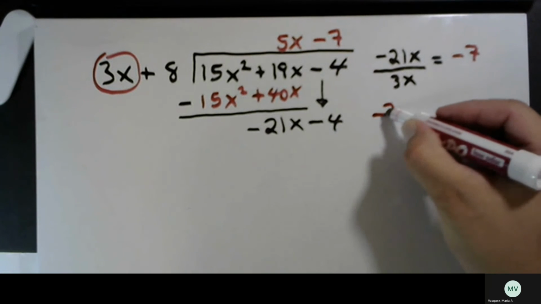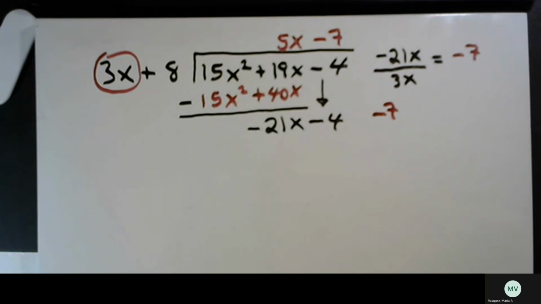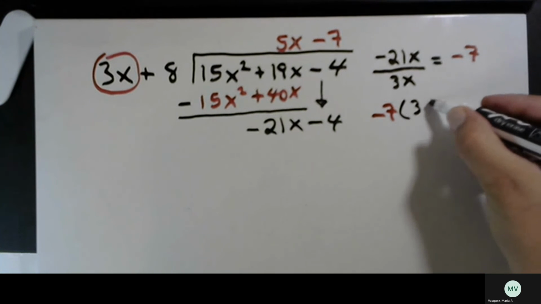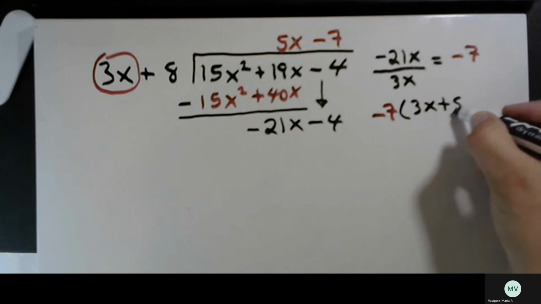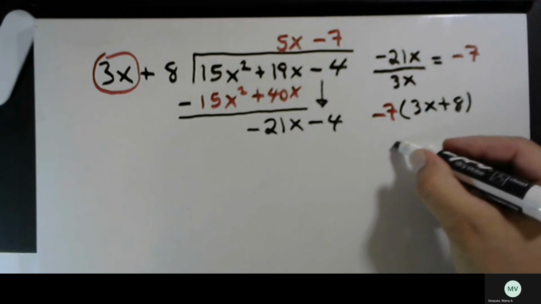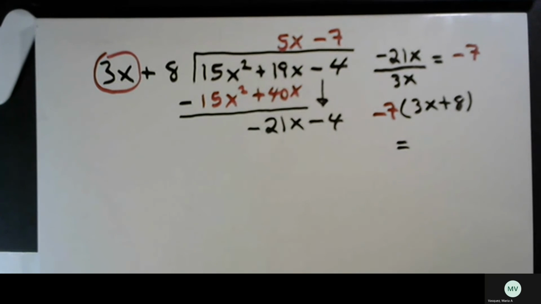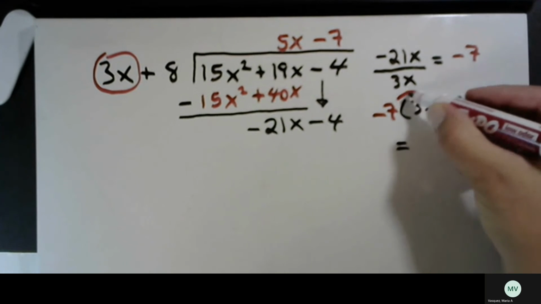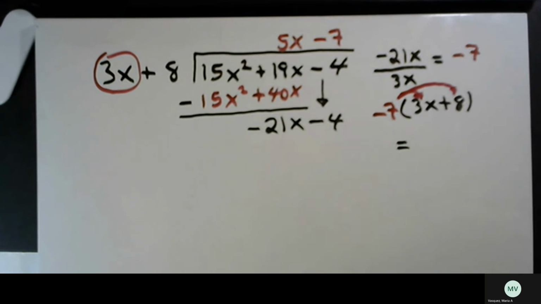Then we'll take the negative 7. We'll multiply that to the entire divisor. So distribute that negative 7.